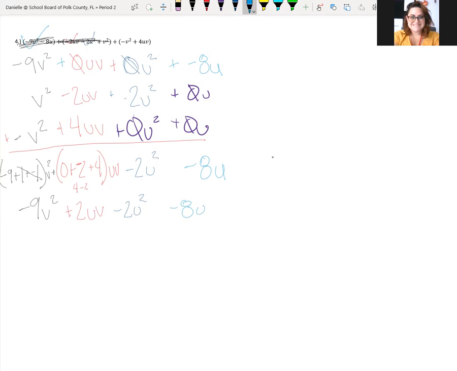And technically, I did write this in the wrong order because we want our squareds up front, so we would have negative 9v squared minus 2u squared plus 2uv minus 8u. And let me change that so it looks like a v. Typically, we're not going to see that many that we have to add a lot of polynomials together, but it's good to see one. And that is how we combine our polynomials.